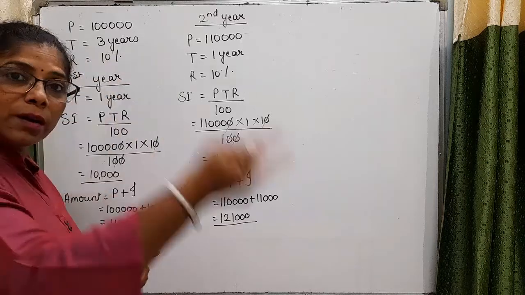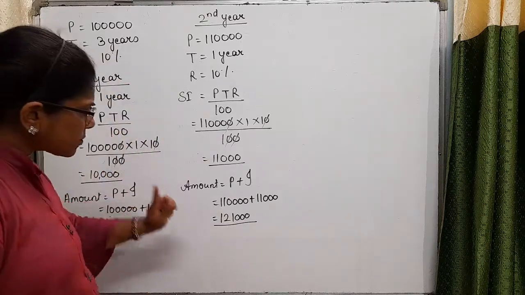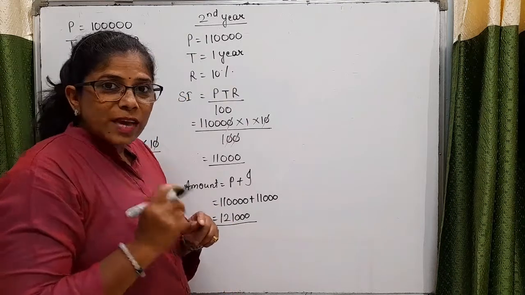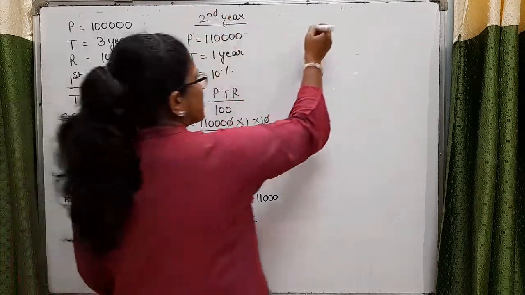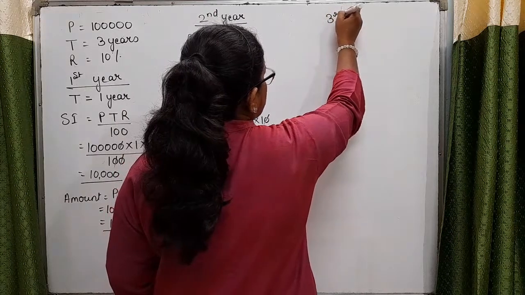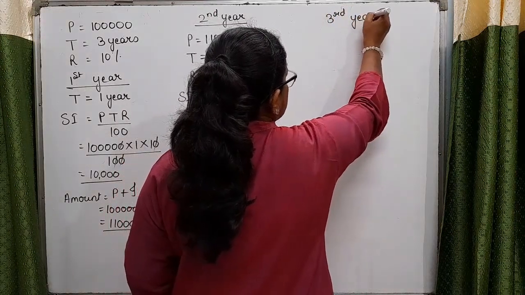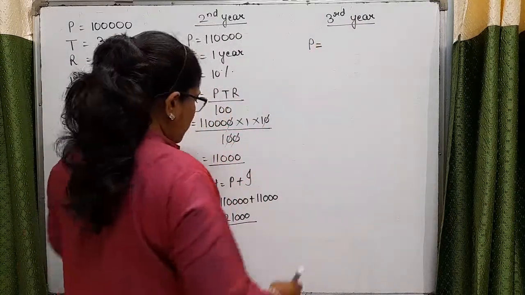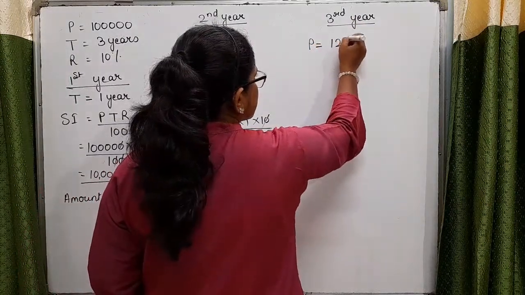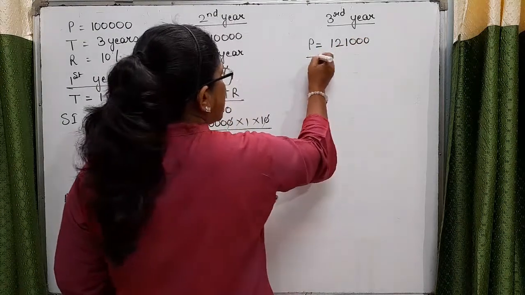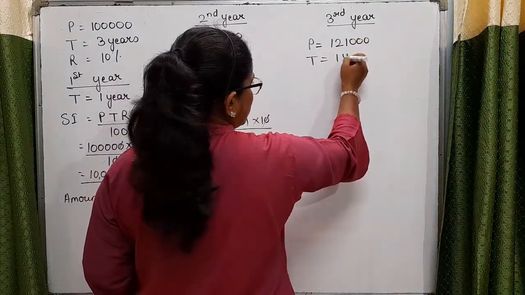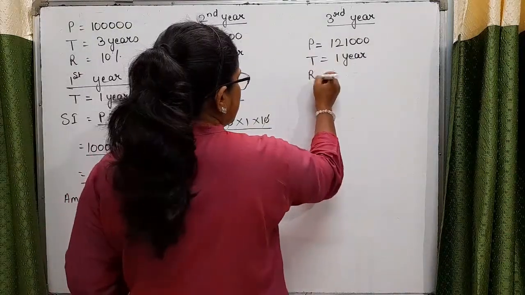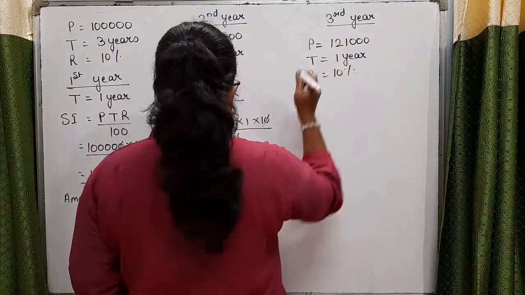Now for the third year, this is going to be your principal amount. Now let's calculate the interest for the third year. Third year, P is 1,21,000. Time, again 1 year, because we are calculating interest only for one year. Rate of interest is 10%.